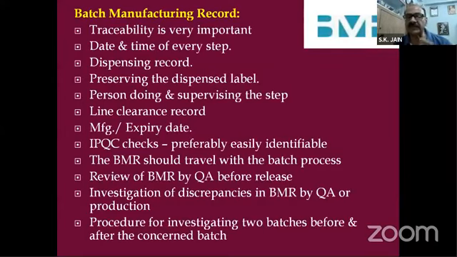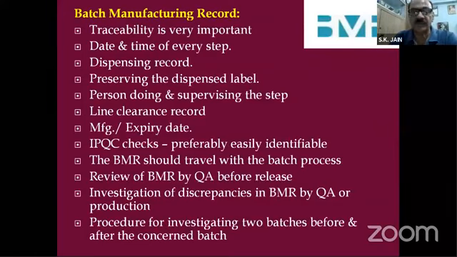So whenever that batch is coming into production, the BMR, the batch manufacturing record, should come along with the production of that product. Review of the BMR by quality assurance before release, investigation of a discrepancy in BMR by quality assurance and production, procedure for investigation of batches before and after, by the concerned people.